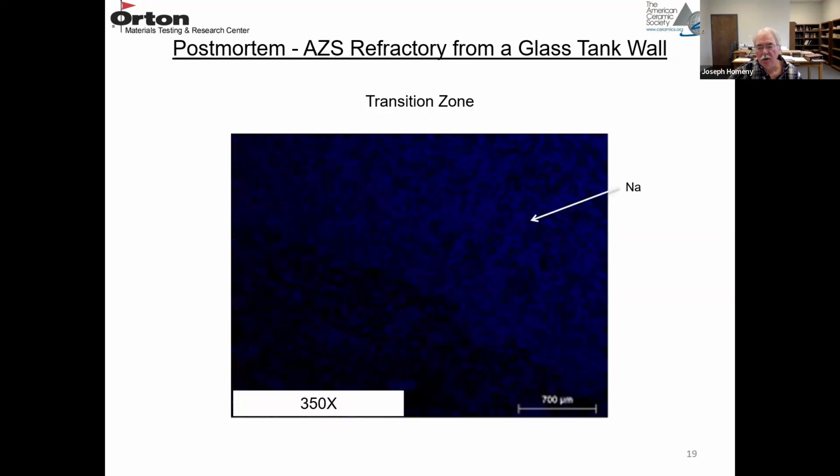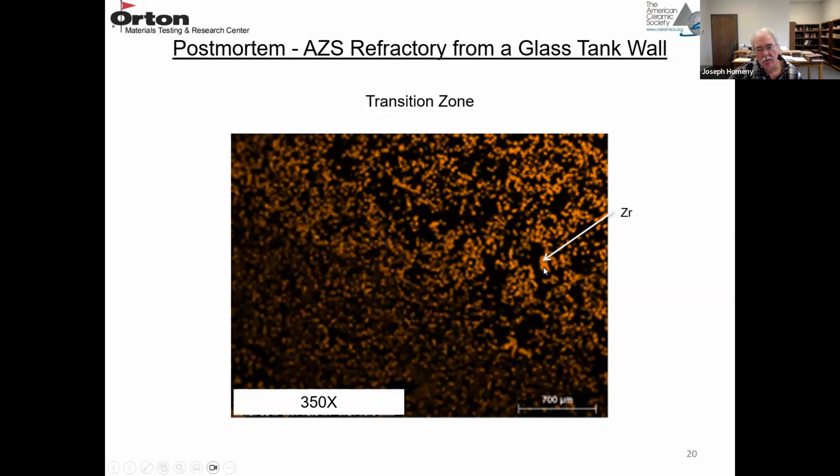Calcium, silicon and sodium are in the glass. And this one doesn't show up as well, but the blue here is Na, and here's the interface, and there's less of it here. And then the Zr or zirconia composition was enriched because we lost the aluminum oxide. So the orange color here is a little bit brighter on this side of this interface than on the side with the original refractory.